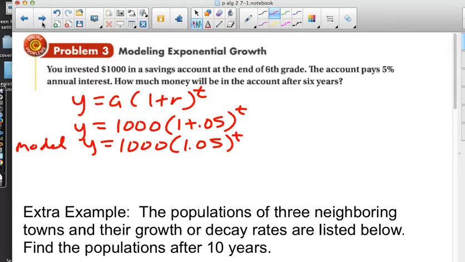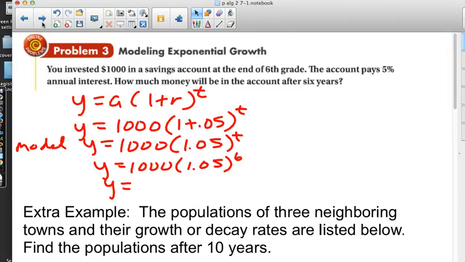But they do want us to take this one a little further. It said, how much is going to be in the account after 6 years? So where do you suppose the 6 goes? T. And then we grab a calculator because nobody makes friends with decimals.